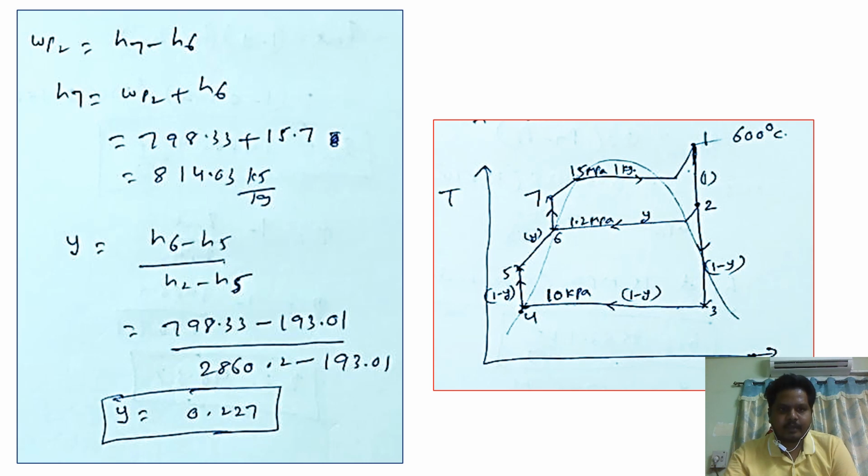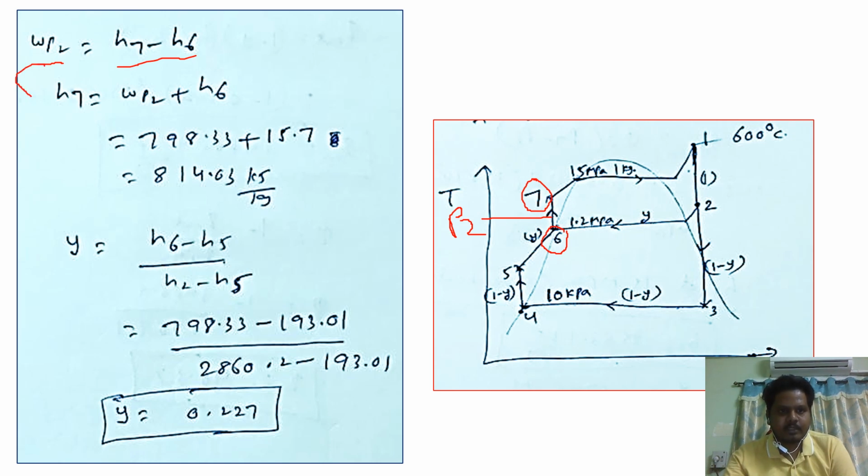Now let us find enthalpy at point 7. Here we know that process 6 to 7 is the isentropic compression in pump 2. So we can write the work done by pump 2 equals H7 minus H6, because the process is 6 to 7.